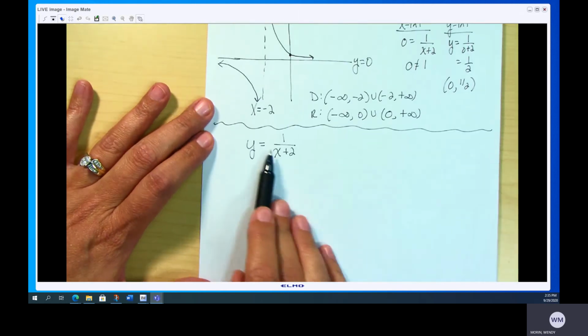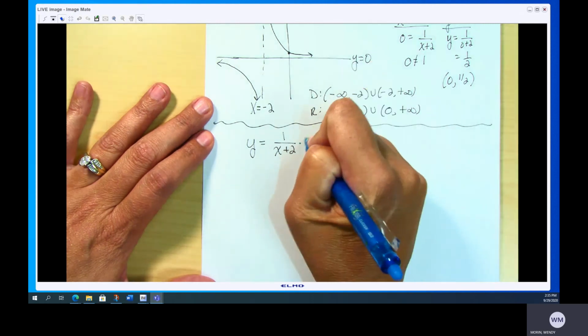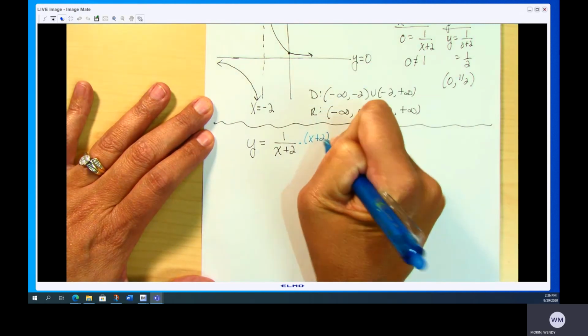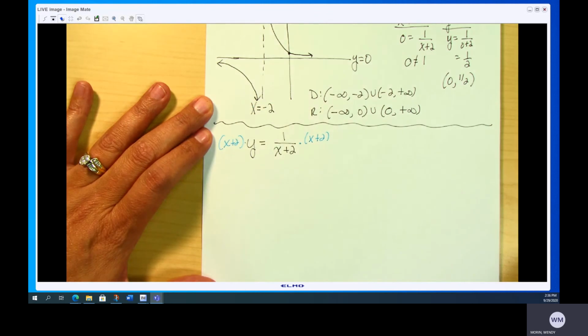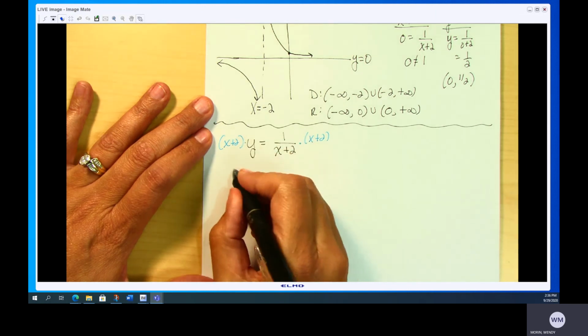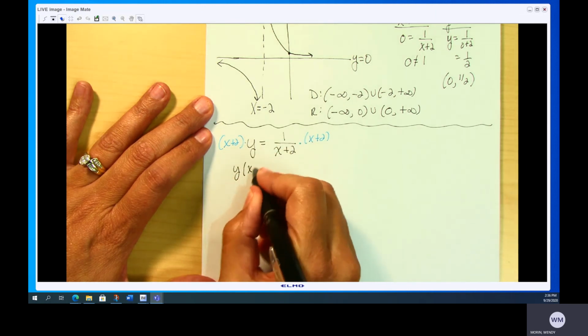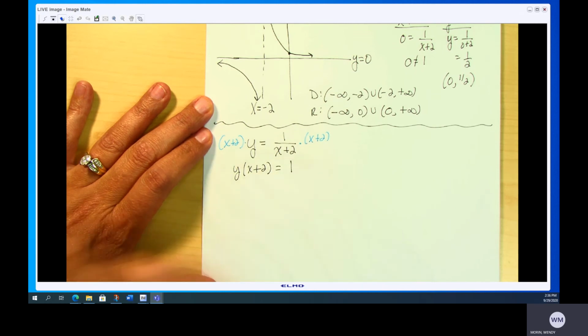Well, let's solve this for x and watch what happens. So to solve for x, you need to multiply both sides by x plus 2. Okay, and that's going to give you y times x plus 2 equals 1.